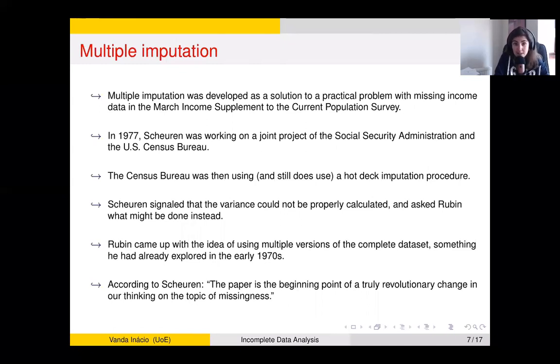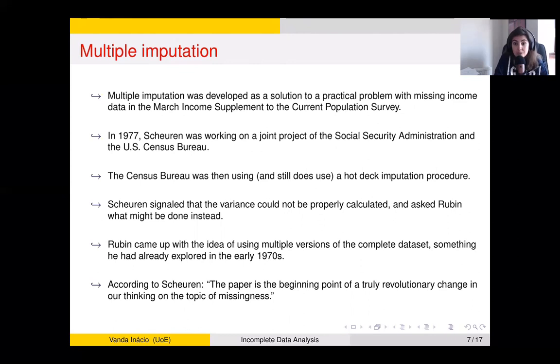In 77, this person, Scheuren, was working at the US Census Bureau, and they faced that problem of missing income. By that time, they were using a simple hot deck procedure, and I think they still use hot deck, but a more advanced one nowadays.